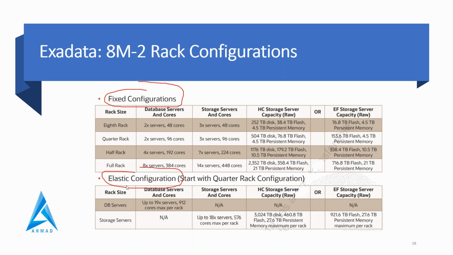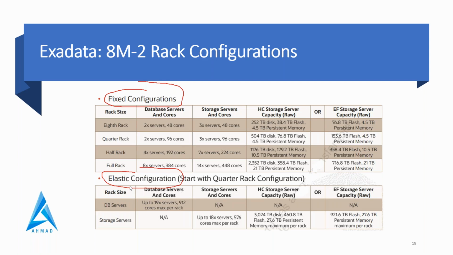And if you go into the elastic configuration, you have that thing. The Oracle Exadata database machine is available in fixed configuration as well as elastic configuration. The fixed configuration consists of a number of database and storage servers up to the capacity of the rack, as defined using Oracle Exadata Configuration Assistant.